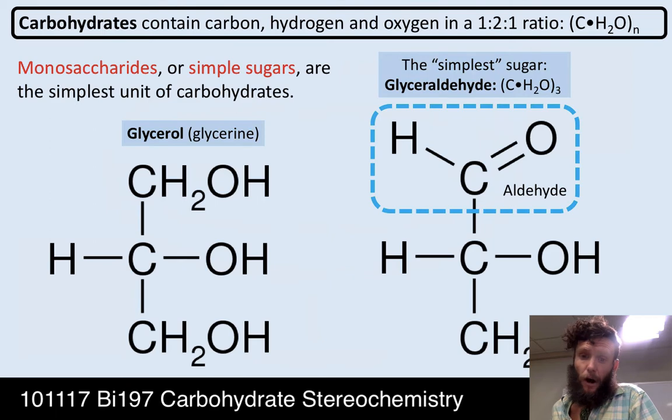So there's going to be 3 carbons down the central backbone of glyceraldehyde. There are 3 oxygens, you see. And then there are 1, 2, 3, 4, 5, 6 hydrogen. So that's a CH2O, and the subscript there is 3. So that could be a C3H6O3 would be another way to write that.